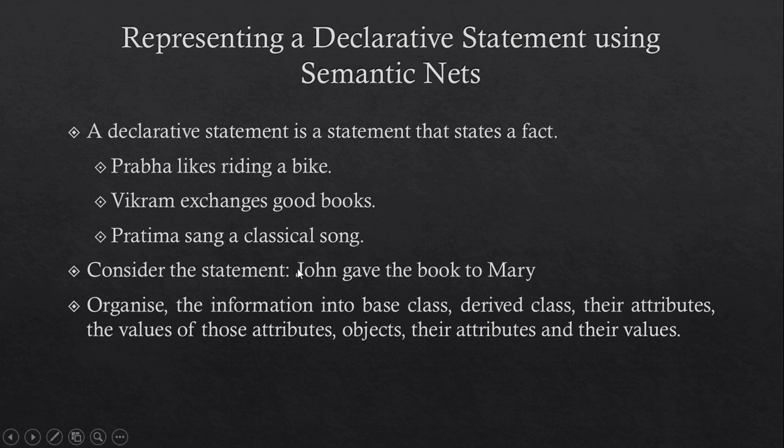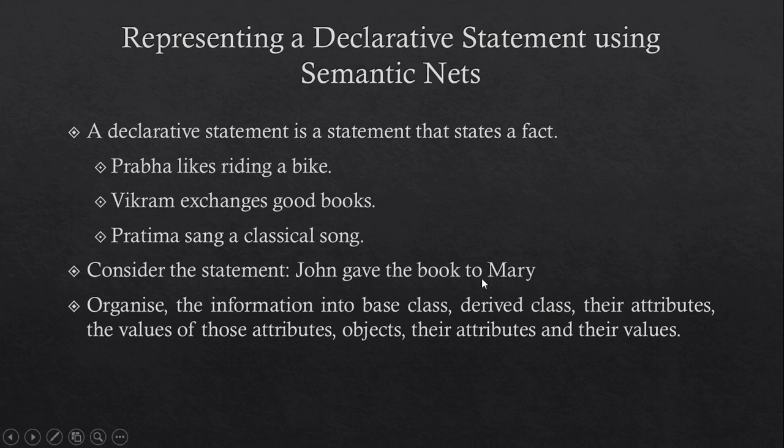John gave the book to Mary. These are all declarative statements. Statements that state a fact. Let us use the technique that we just learned to represent a declarative statement using a semantic net. Consider this last statement, John gave the book to Mary.